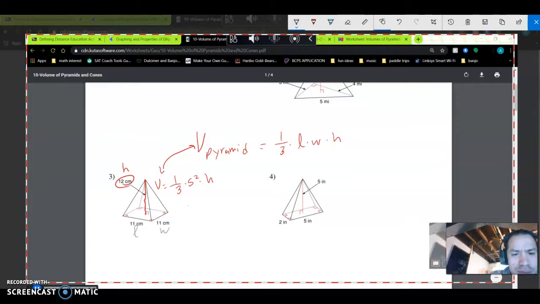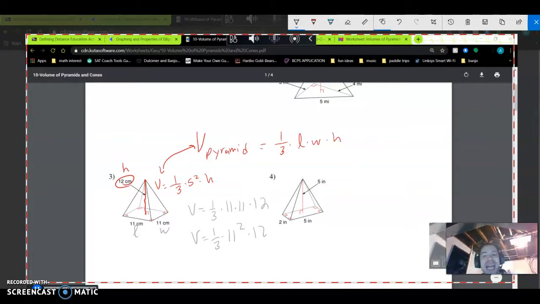So we can say this volume is equal to 1/3 times 11 times 11 times 12, which is the same if we use this square bottom, because again, notice 11 and 11 are the same: 1/3 times 11 squared times 12.